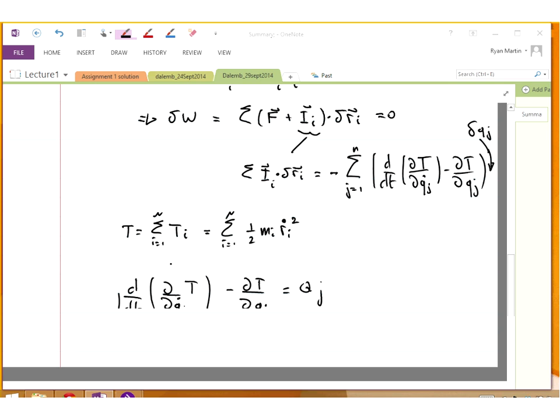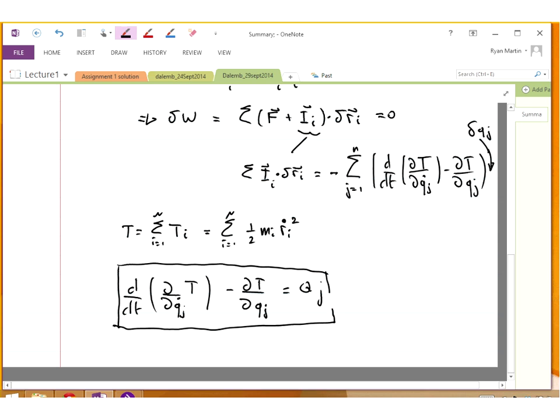And that was the more useful, more insightful form of D'Alembert's principle, where T, capital T, we can recognize as the total kinetic energy.